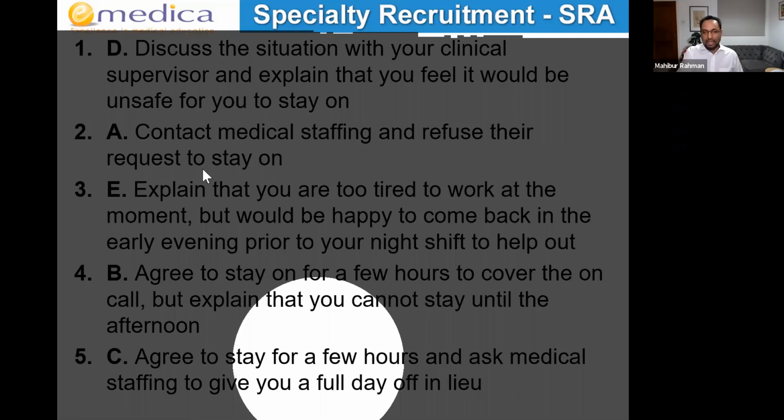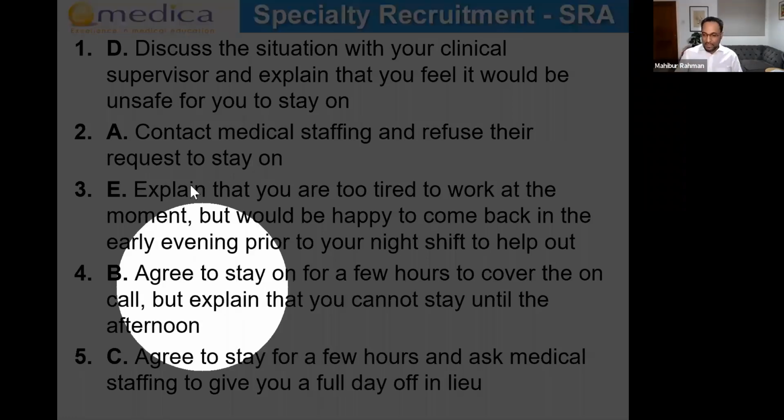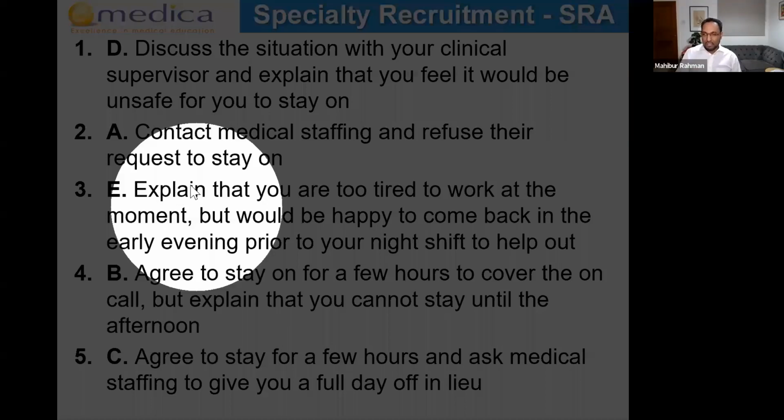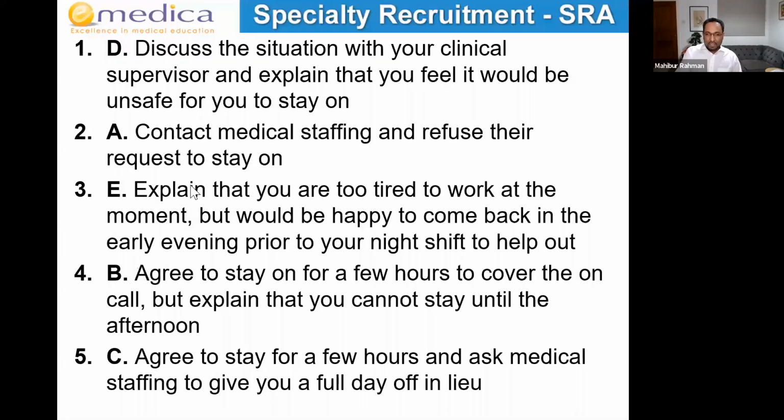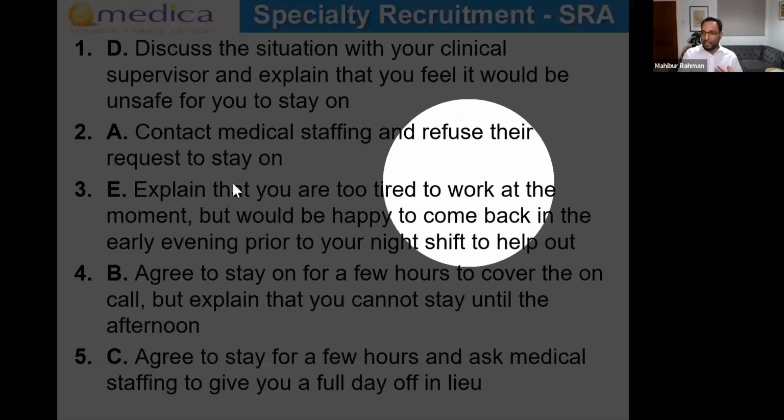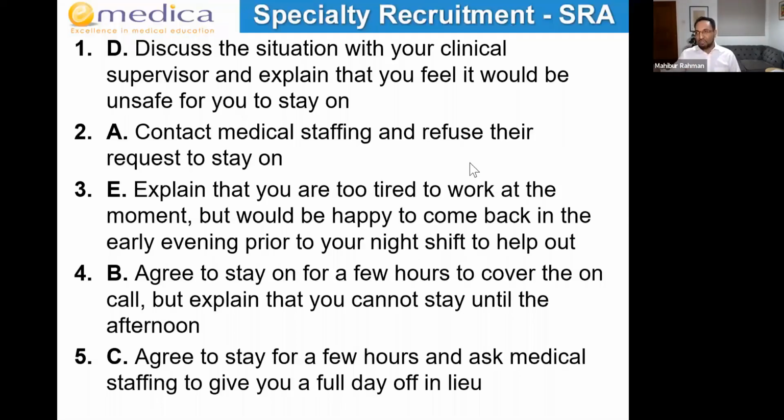And if you look at E, can anyone think what the problem with E is? Why is E not higher up? Why is it not second or first? Because there's still some risk. Look, okay, if you're too tired now, you're not putting anyone at risk now. If you go home now, have a sleep, come back in the early evening before your night shift, while it sounds nice, what's going to happen at the end of your night shift? You've already started work early, okay?